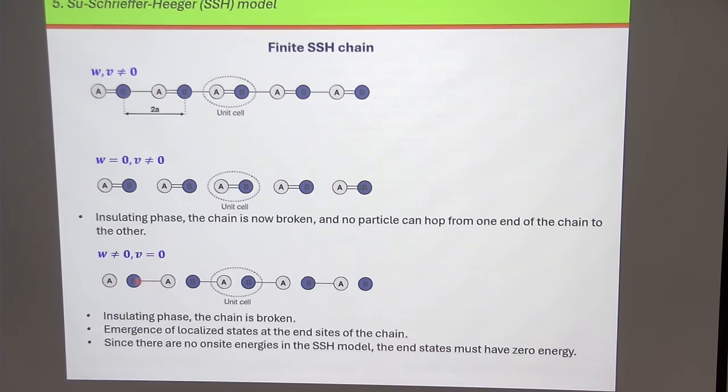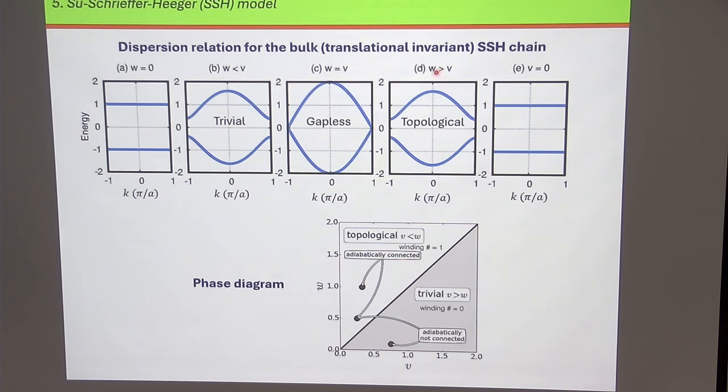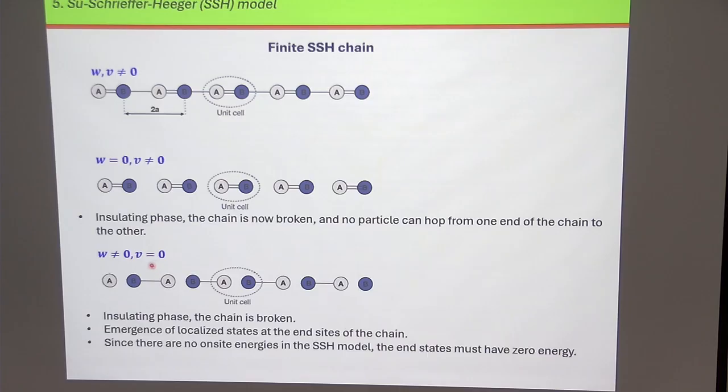But then let's go to the other situation, which is B equals 0. And then this will be the topological case, because then W is always going to be larger than B. But you see, if I put B equals 0, I still will have an insulating phase because there is no conduction; I cannot go from one end of the chain to the other, so it's still going to be an insulating chain.